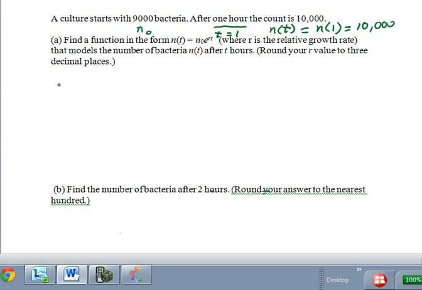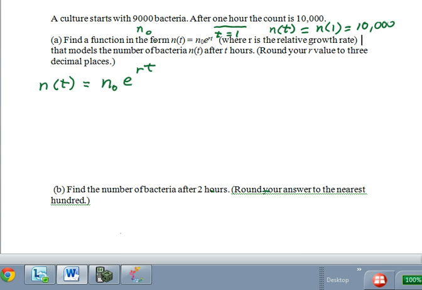Now notice that this time we are supposed to find a function of t in the form of n sub 0 e to the rt. Now in order for this to be a function of t, we need to have a value for n sub 0, which we do, and a value for r, which we are going to have to compute. And so r is the relative growth rate.